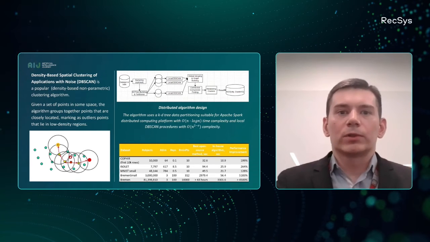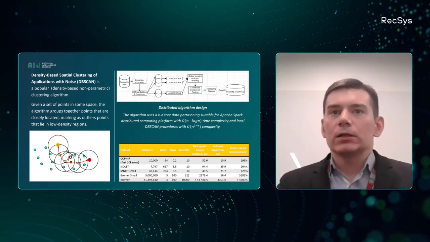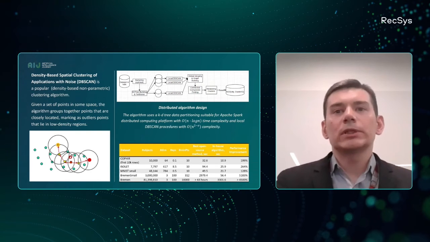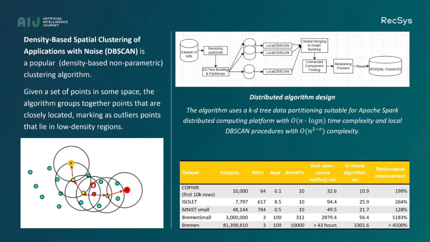In our team, quite often we come up with new methods and algorithms that are not described in the articles or not fully presented in the literature. One of such achievements is our DBSCAN algorithm.